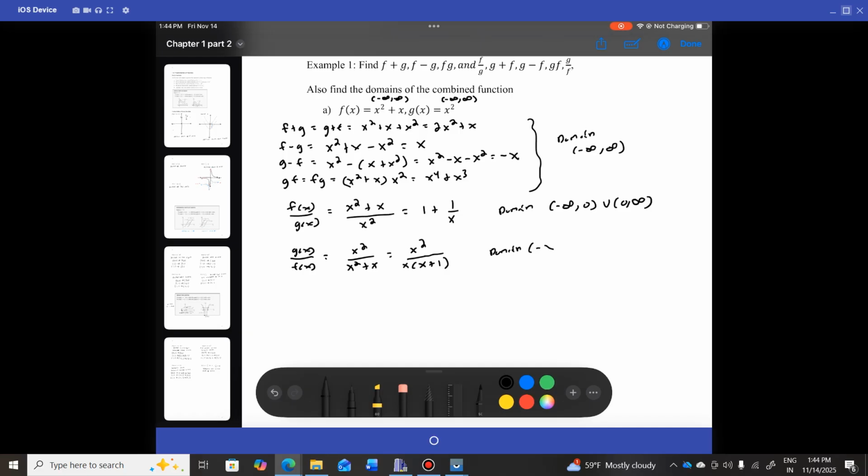So negative infinity to negative 1, negative 1 to 0, and 0 to infinity. Okay. And we can simplify that further to x over x plus 1. Okay, x equaling 0 is still a domain issue, even though that x canceled out.